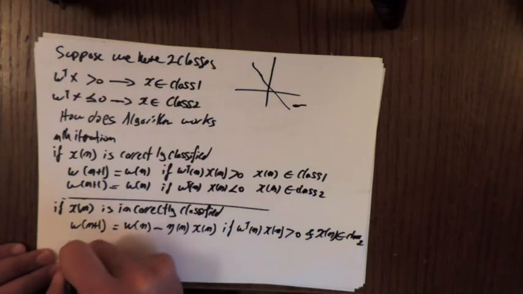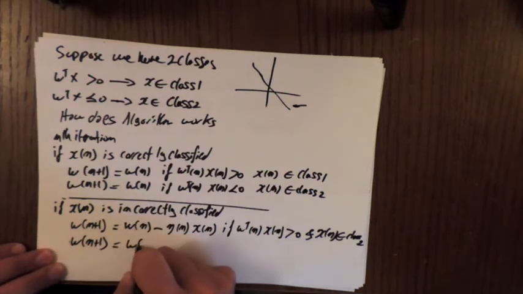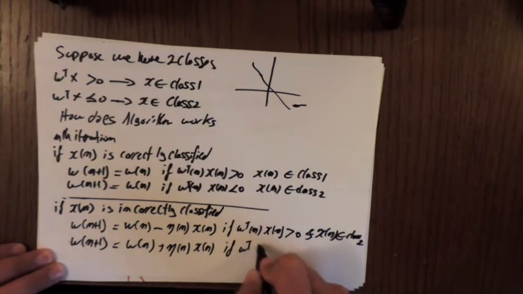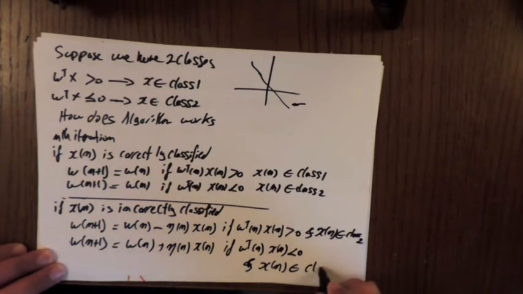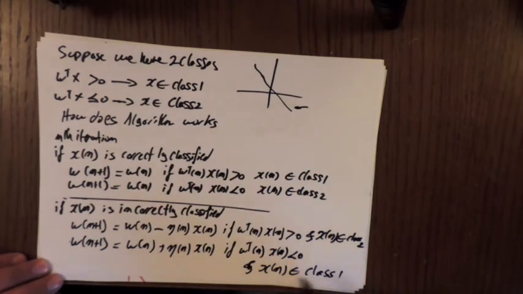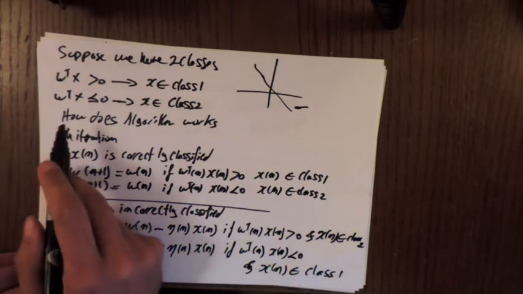So in the next case, it's going to be plus eta of n x of n, and you guessed it, if wt of n x of n is less than 0 and x of n belongs to class 1. Here wt of n x of n is less than 0.